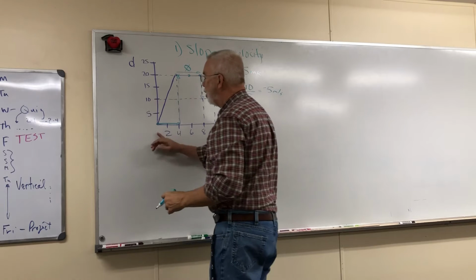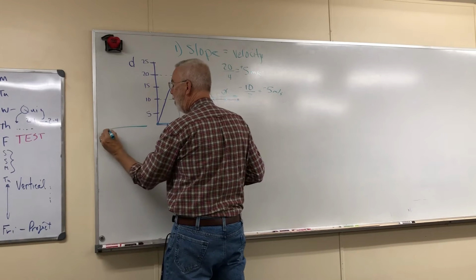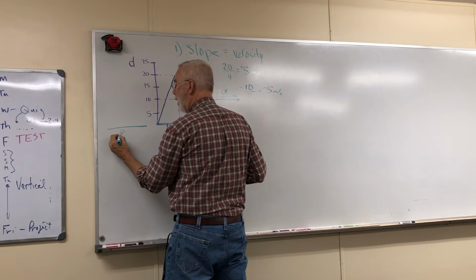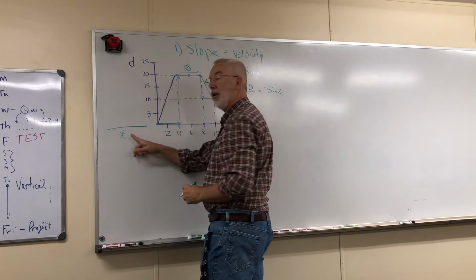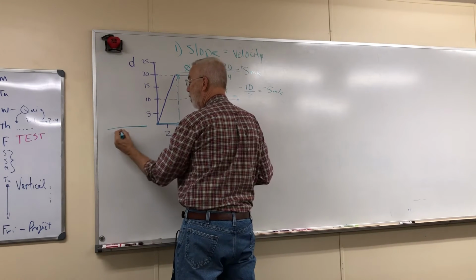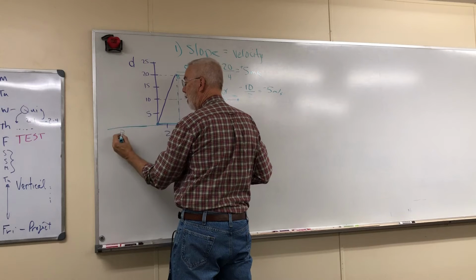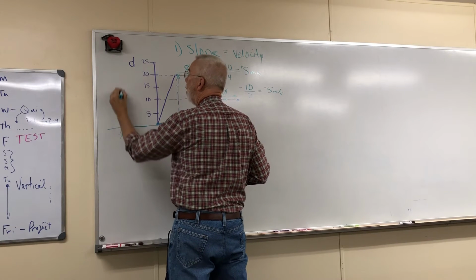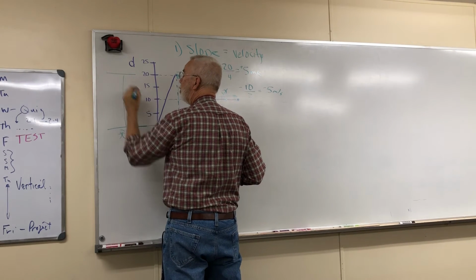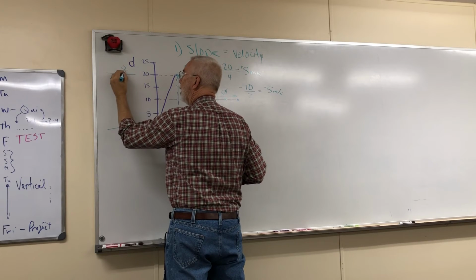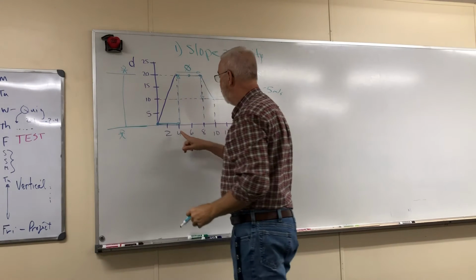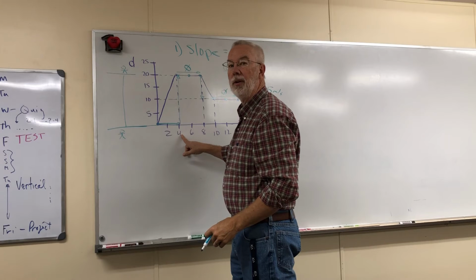One of the things that I showed a student yesterday afternoon was, let's pretend like there's a guy right here, and he starts at the origin, okay, the starting line, and he's going to walk out to 20. So now he's here, and it took him 4 seconds to do it.